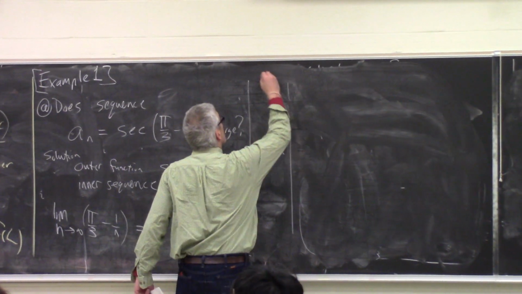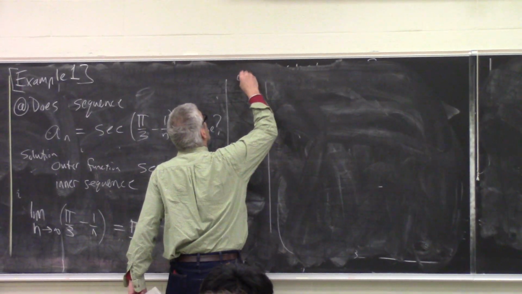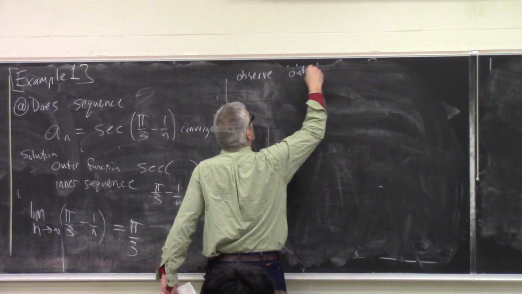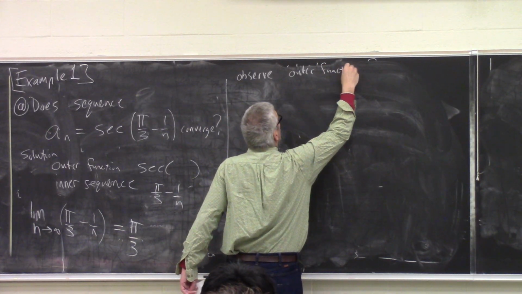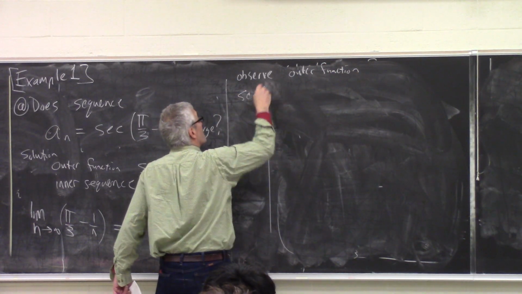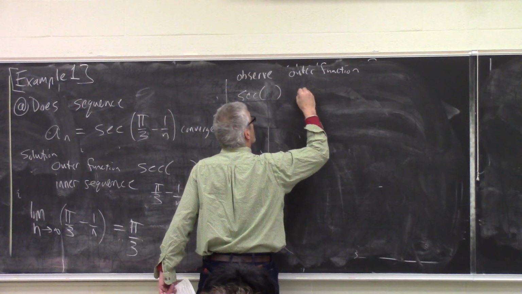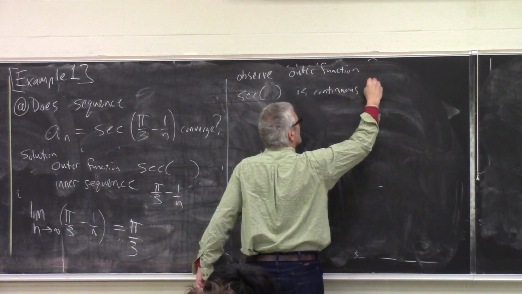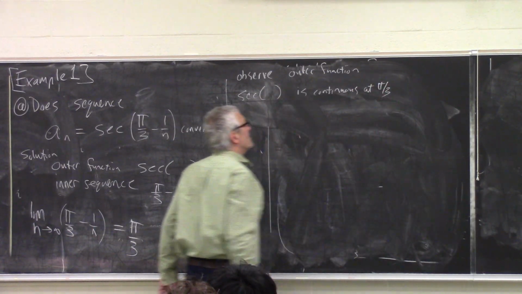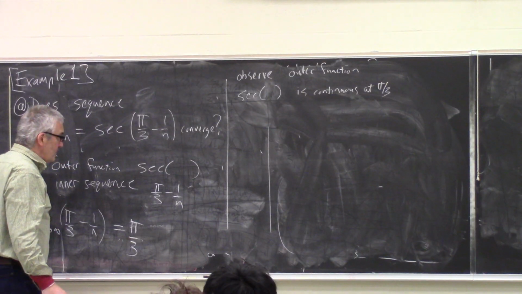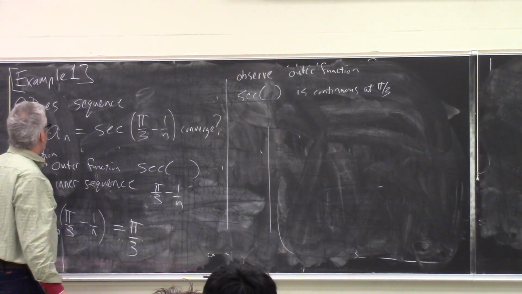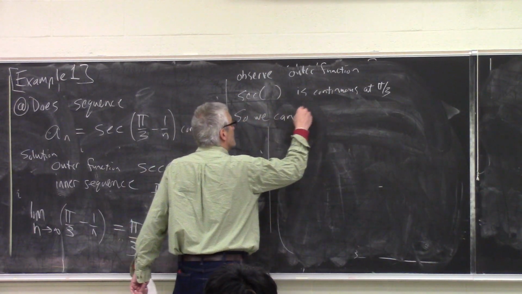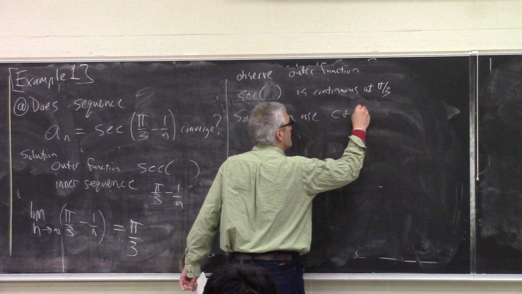And then notice that the outer function, which is secant of parentheses, is continuous at pi over 3. So we can do this limit by the C and C theorem.